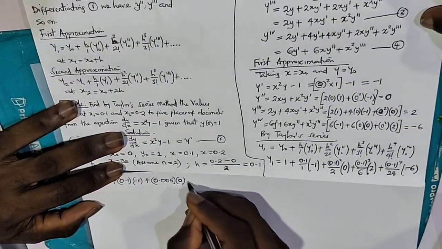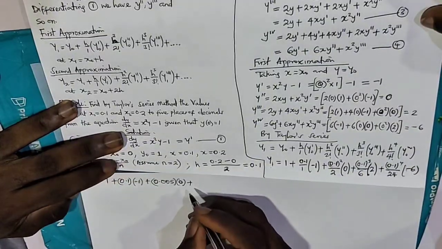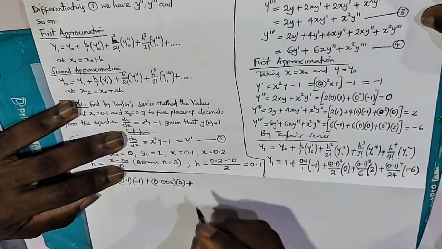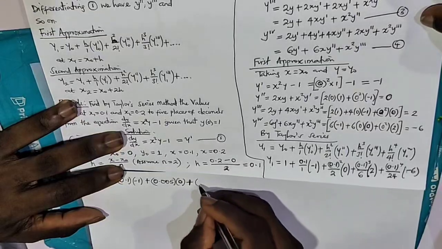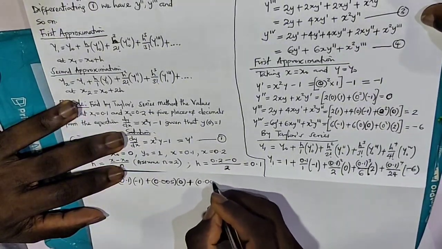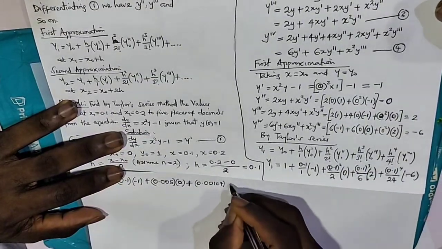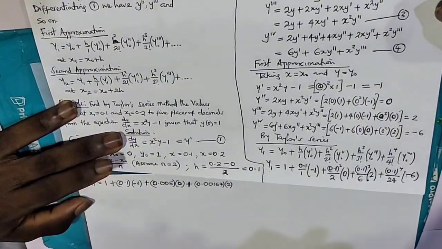0.1 cubed divided by 6 gives us 0.00167, multiplied by 2.